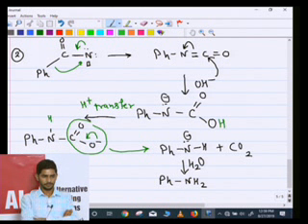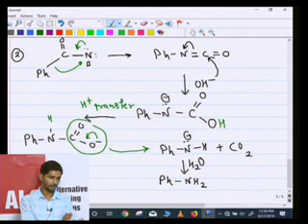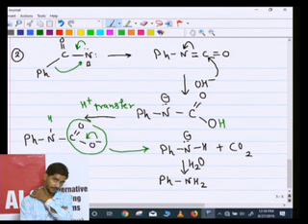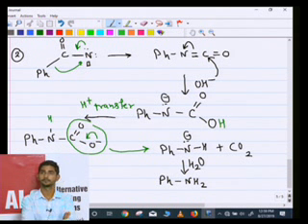What's your status, guys? Remember, the upcoming 3 mechanisms would be the same. They will be based on this concept.